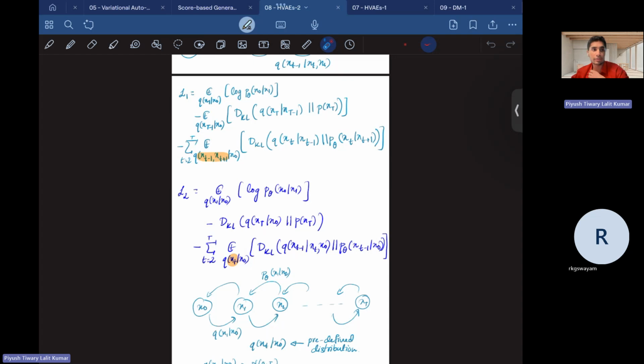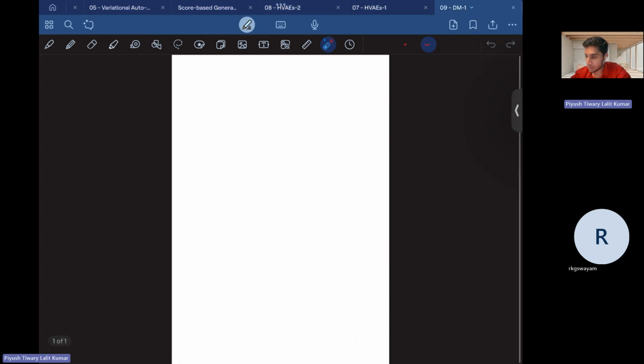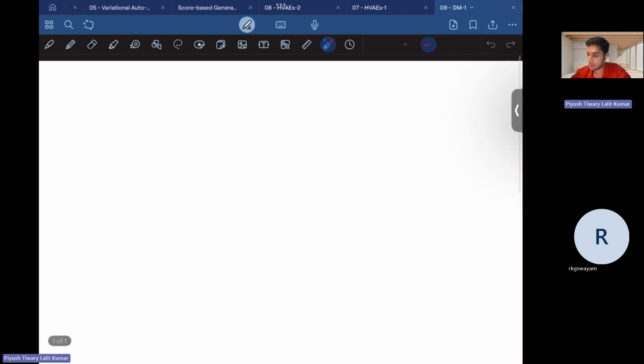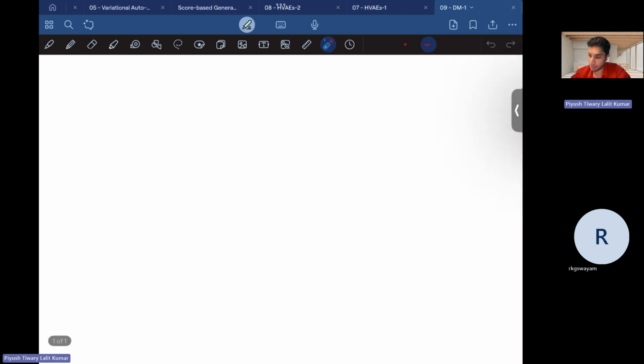And at the end of the last lecture, we touched upon how we are going to make the transition from HVAEs to diffusion models, right? So let's do that transition today and see what it leads to, what it means to go through that transition.